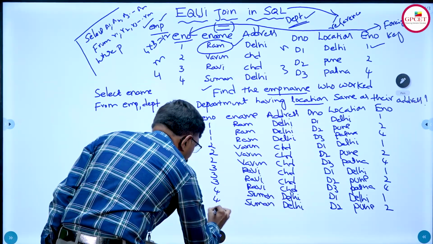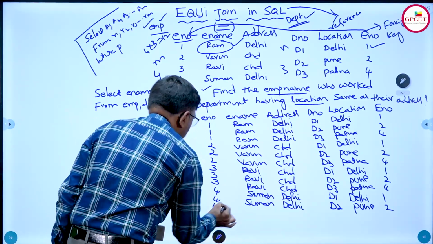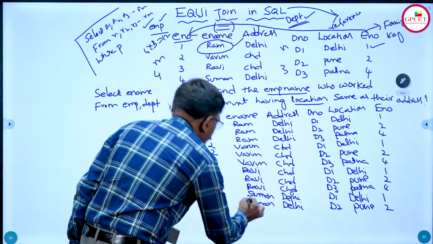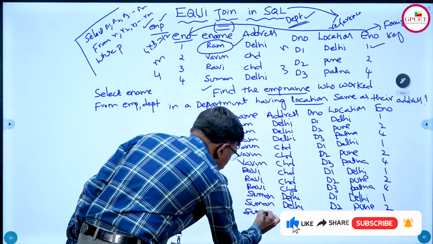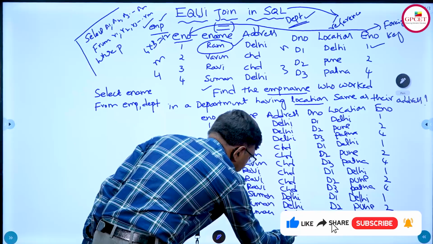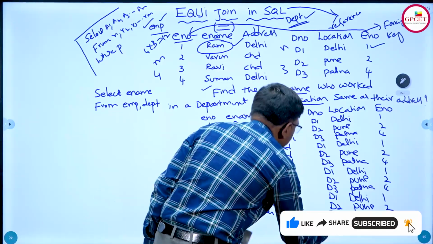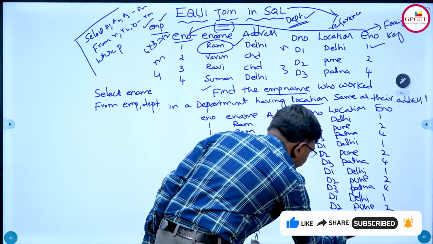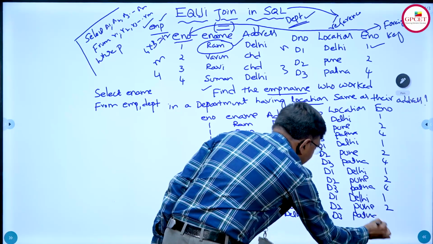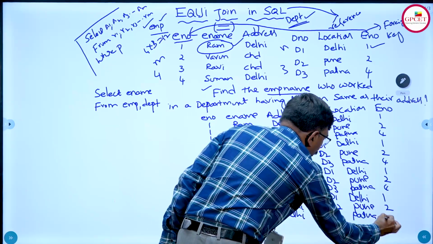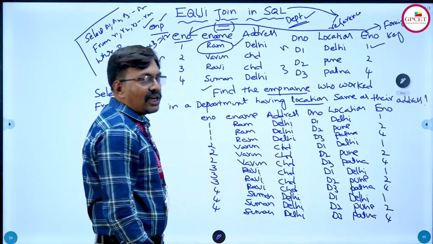And then the last one, 4 Suman Delhi, D3 Patna 4. This is a cross product.